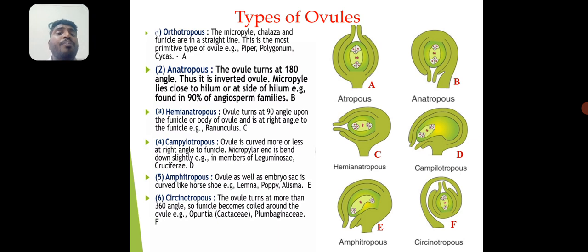Examples: Lemna, Alisma. The final one is the cycloptropous ovule, which turns at more than 360 degrees, so the funicle becomes coiled around the ovule. Examples: Opuntia of the Cactaceae family, and the Plumbaginaceae family.